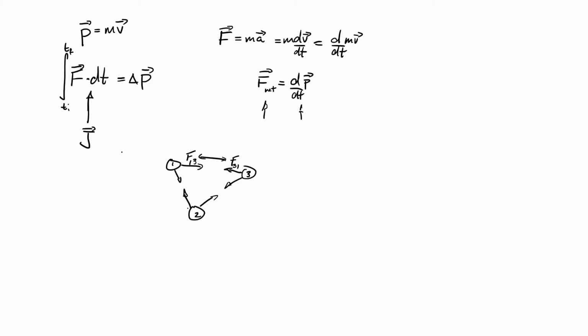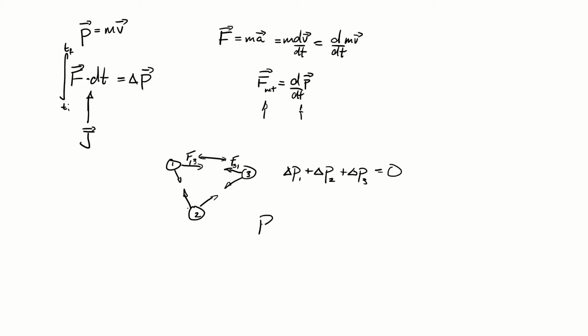If we look at the impulse from them, what we showed was that essentially the change in momentum of all of those objects in our system, if we define our system in such a way that there are only internal forces, the change in total momentum of that system has to be zero. And we derived this conservation of momentum.